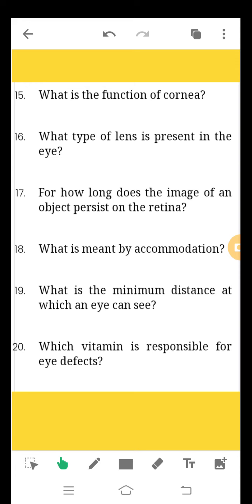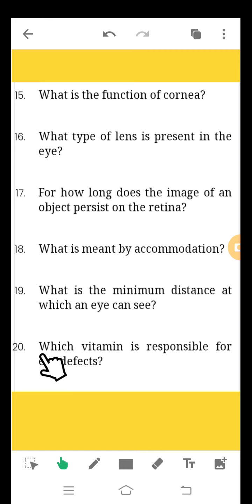For 1/16 seconds, the image persists on the retina. Question 18. What is meant by accommodation? Human eye can see near and far objects by adjusting the length of the convex lens, which is called accommodation of eye. What is the minimum distance at which an eye can see? The answer is 25 centimeters.